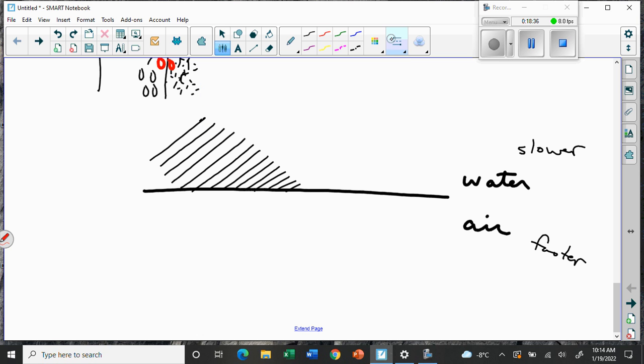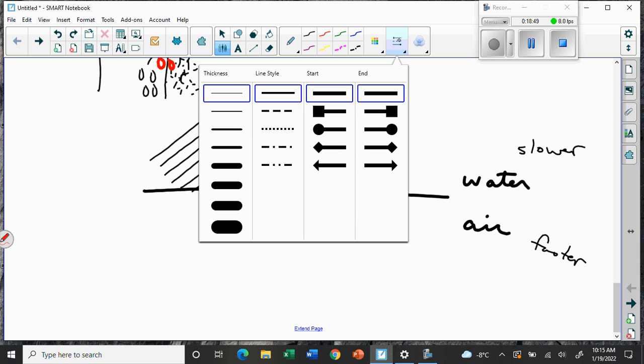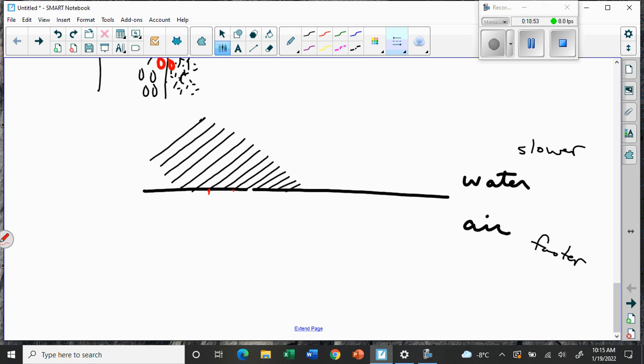The little ends are going to speed up, so they're going to start to go ahead of the other waves, just a little bit. Boy, okay, I think we got it now. Something like this.